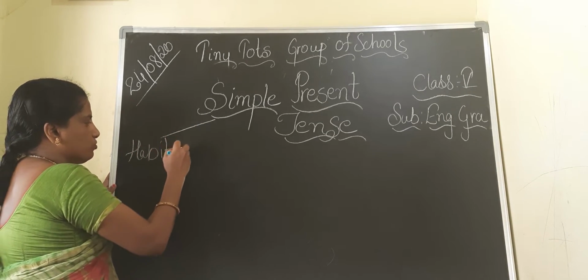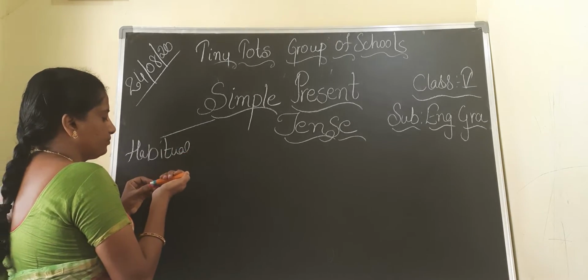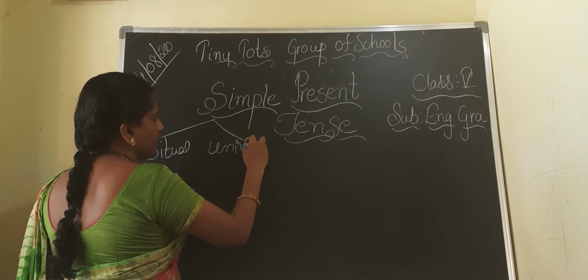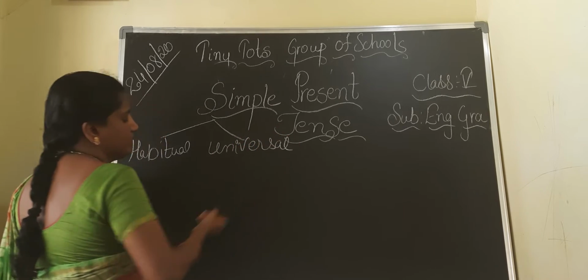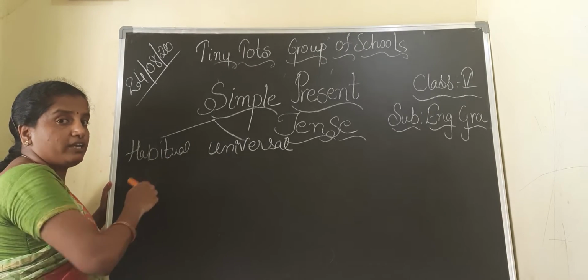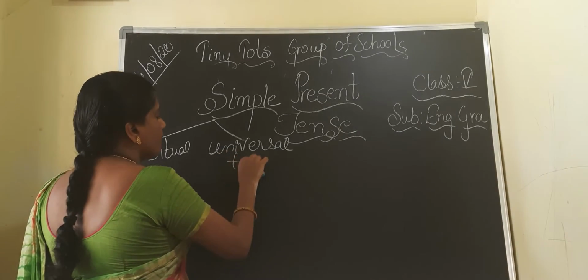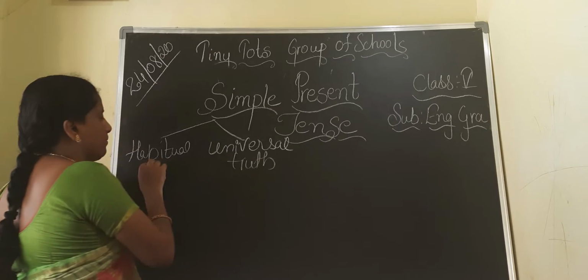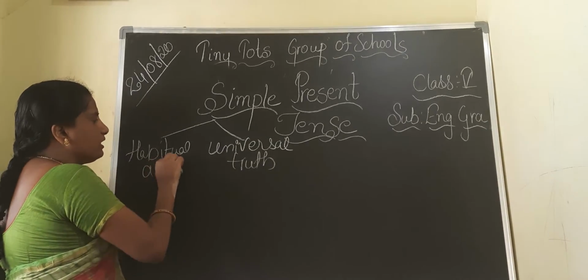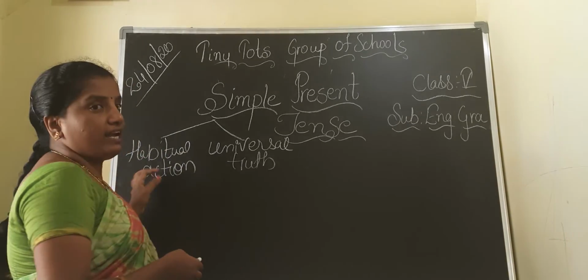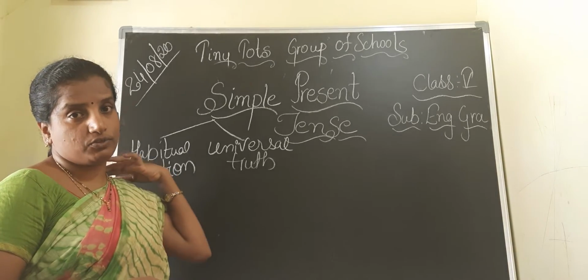or to denote the universal truth. We use the simple present tense to denote habitual actions or universal truths. Now I have explained to you what a habitual action is and what universal truths are.